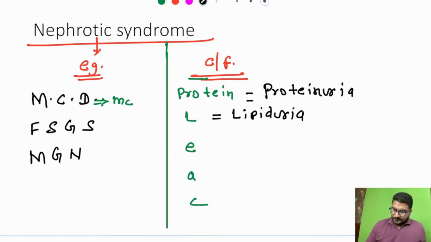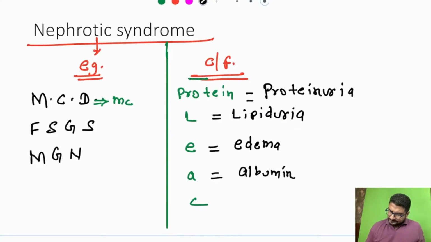There will be lipids in the urine, proteins in the urine. E for edema. A for albumin decrease. So in blood, protein is lost so albumin will decrease, simple. Hypoalbuminemia. So you will see loss of protein, so albumin is also gone. Albumin will decrease in blood, you will see hypoalbuminemia.